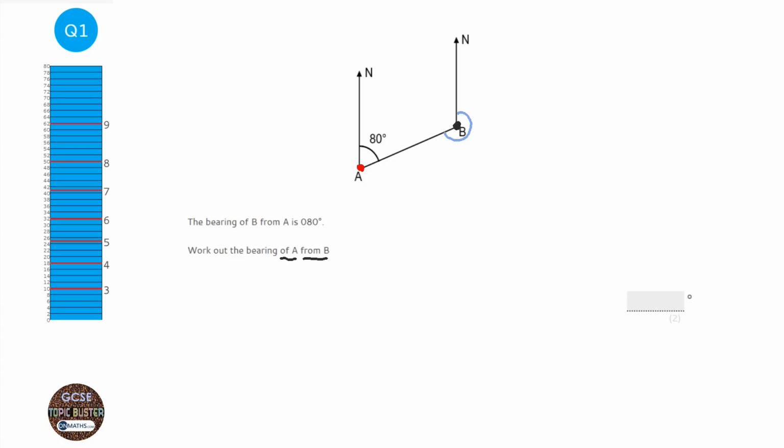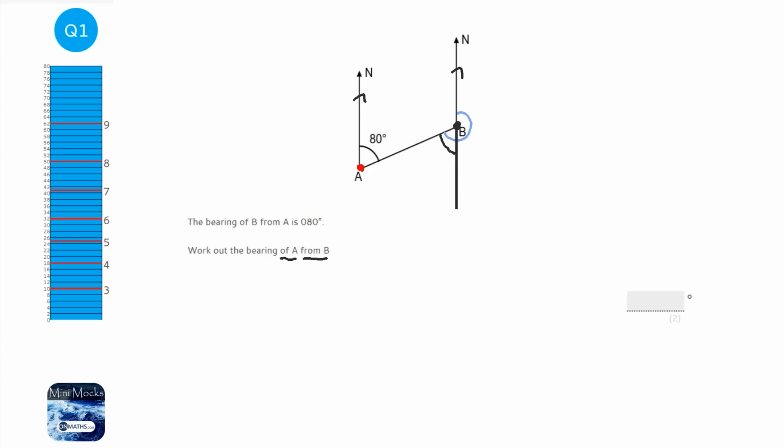So not so easy. The first step of doing this, and there are different ways of doing this, is just draw a line. In fact, I'm going to use my straight line one. Just draw a line straight down at B. If I can get it right, there we go. Now, north lines are always going to be parallel, and we can use that to work out this angle here.